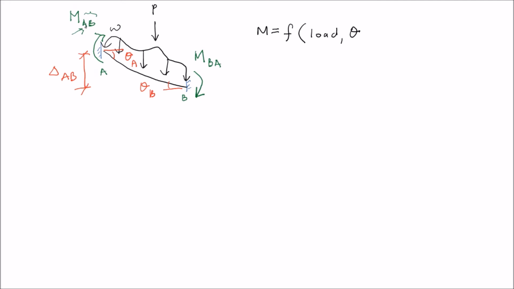Okay, so moment AB is a function of, this moment happens due to the load, due to rotation A, due to rotation B, and also due to displacement. What this is trying to tell you is that the moment that happens here occurs due to all these factors combined. Load, rotation A, rotation B, and displacement combined.